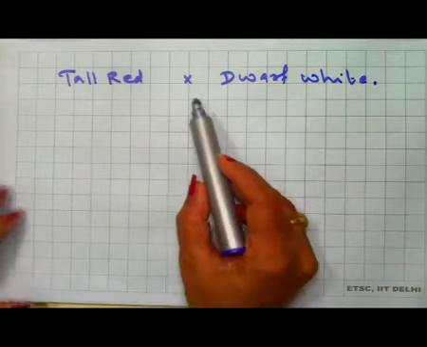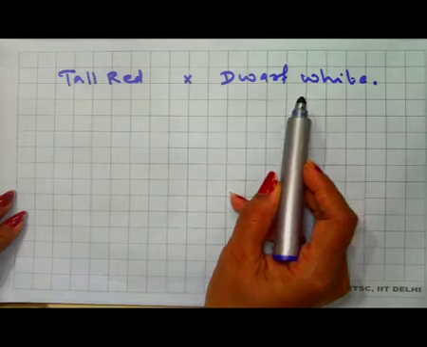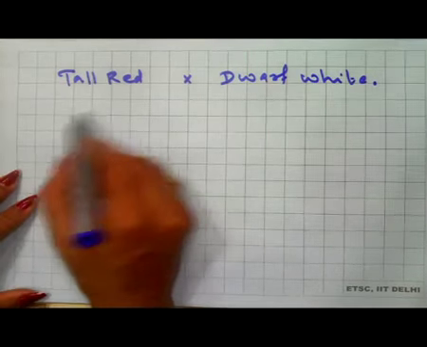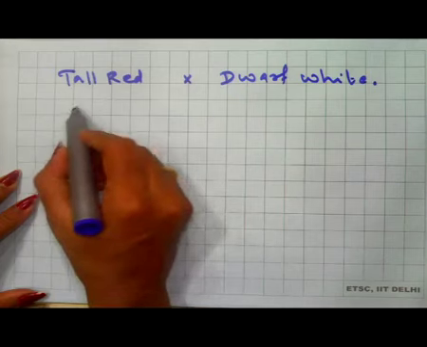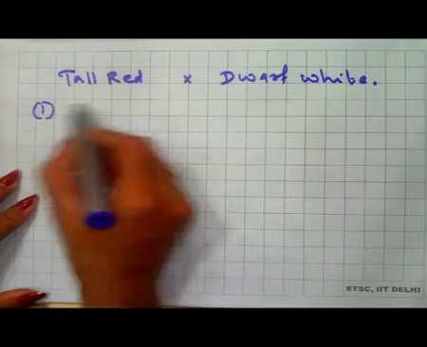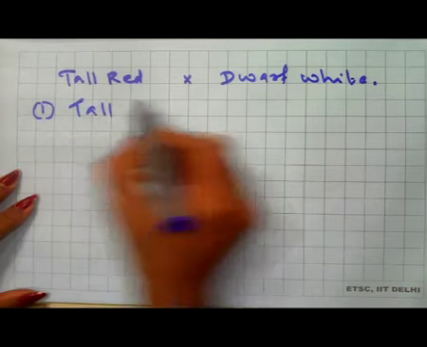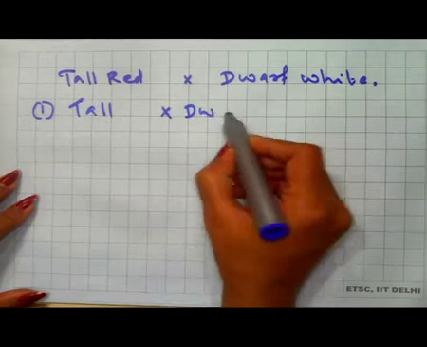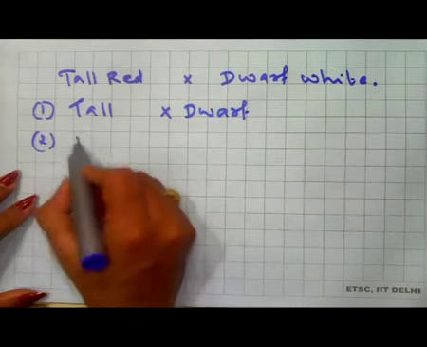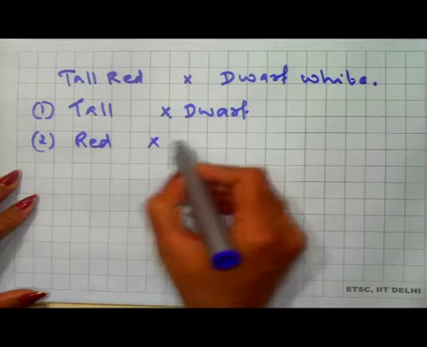It is a typical dihybrid cross. Now, here we will divide it into two monohybrid crosses, tall into dwarf. The second one is red into white.